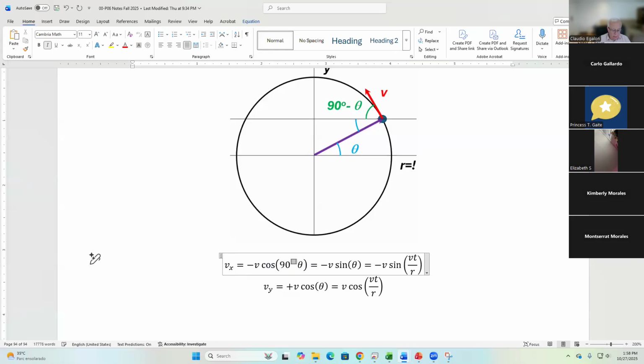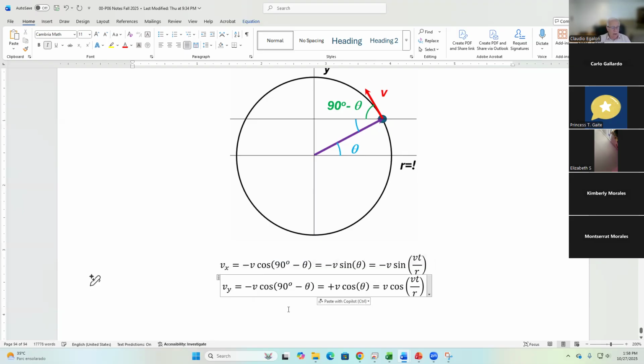90 minus theta. That's what it is. Cosine of 90 minus theta. But cosine of 90 minus theta is sine of theta, right? The negative sign remains, and we get this result here, Vt over R. For Vy, we do something similar to the y component of the velocity vector.